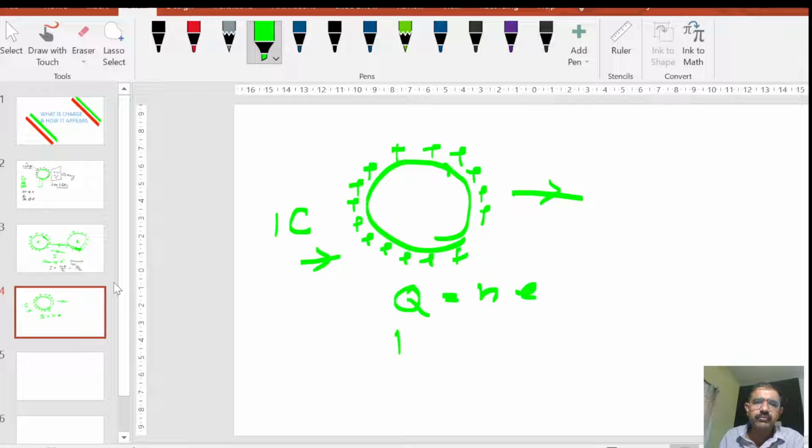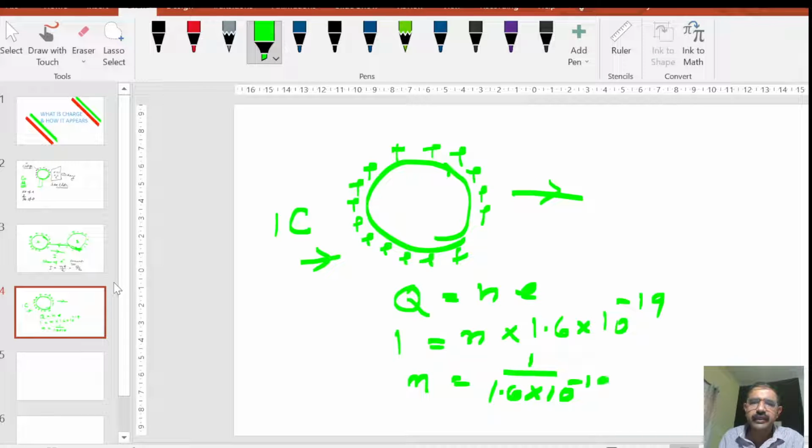So Q is 1 coulomb, N is the number of electrons, and e is the charge on an electron, so 1.6 into 10 raised to power minus 19. So N will be equal to 1 divided by 1.6 into 10 raised to power minus 19. When I solve this, it will be 6.25 into 10 raised to power 18.